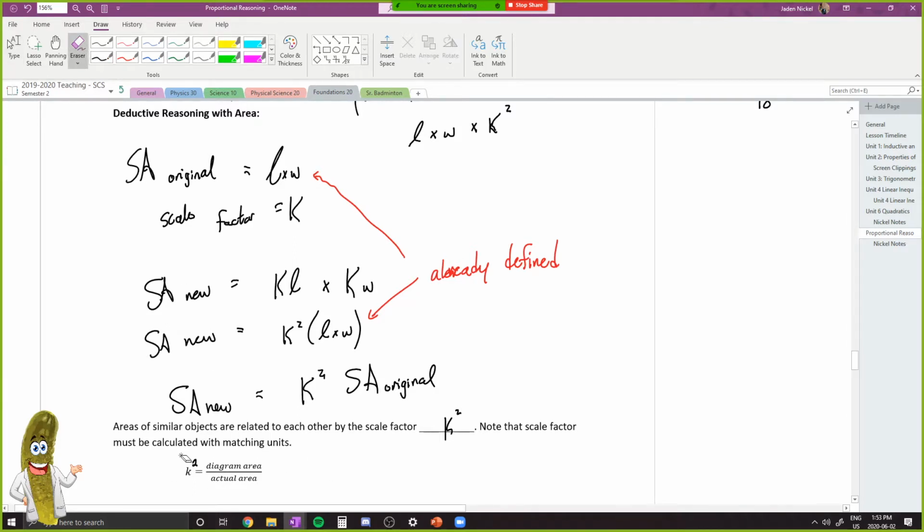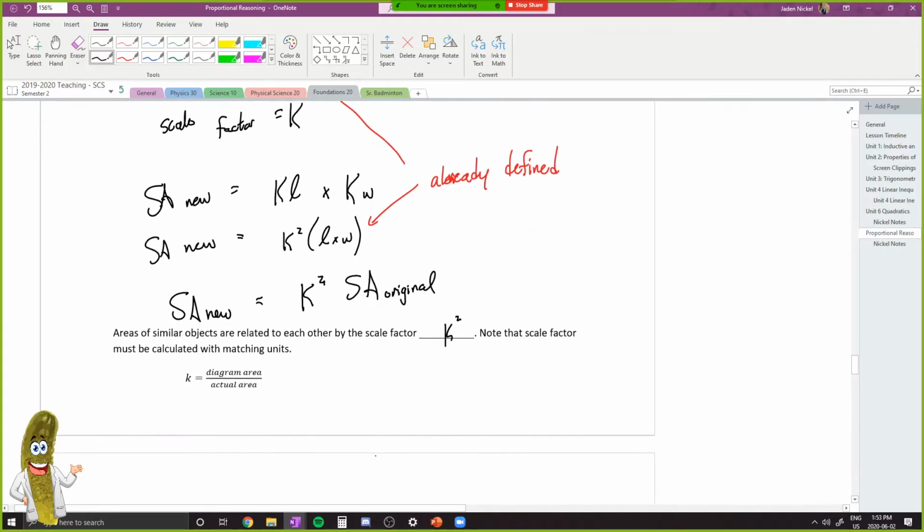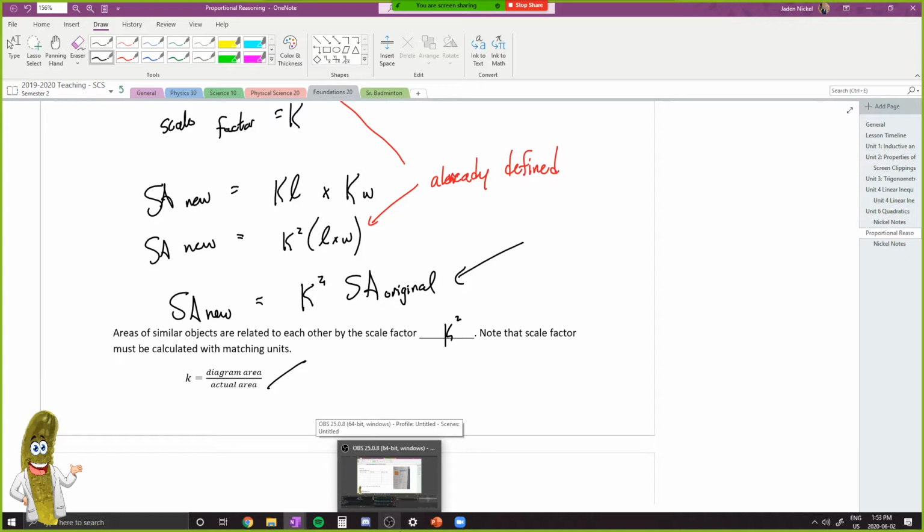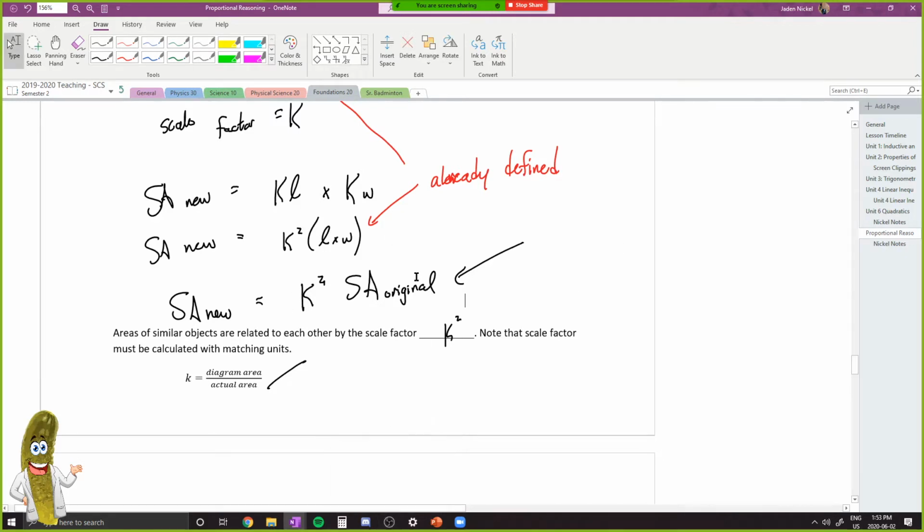So we'll use this bottom statement to figure out the k. And after we've calculated the value of the scale factor k, we can plug it back into this original equation, square it, and multiply it by the surface area of the original.